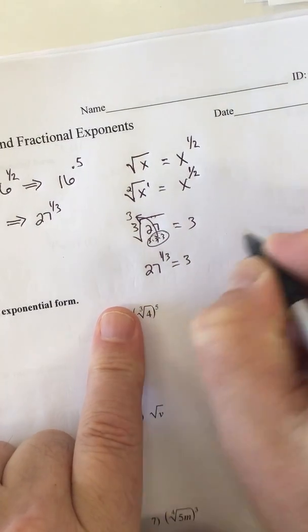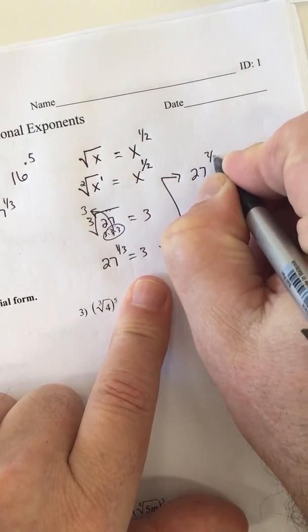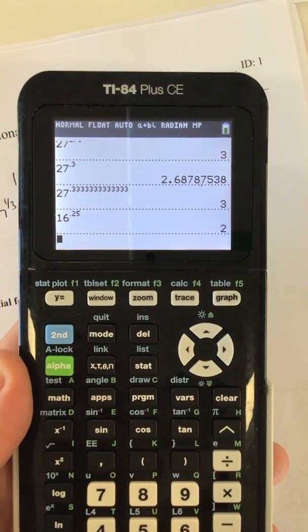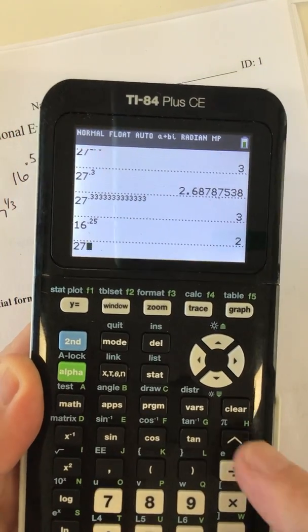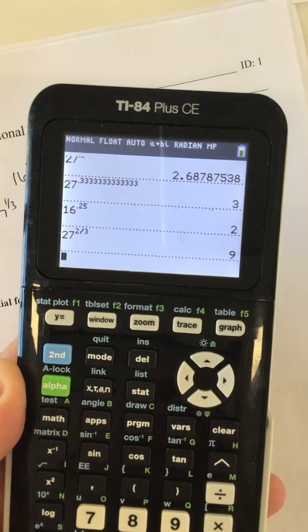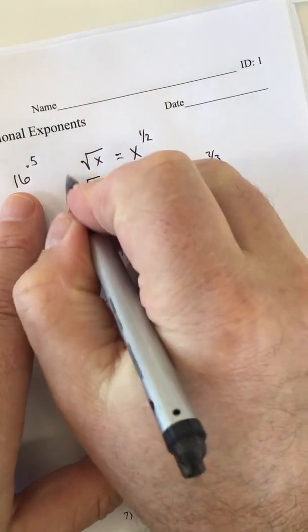Okay, that would be 3. What about 27 to the 2/3 power? What does that mean? I'm going to see what it does on my calculator. 27 to the power 2/3. Okay, it's 9.